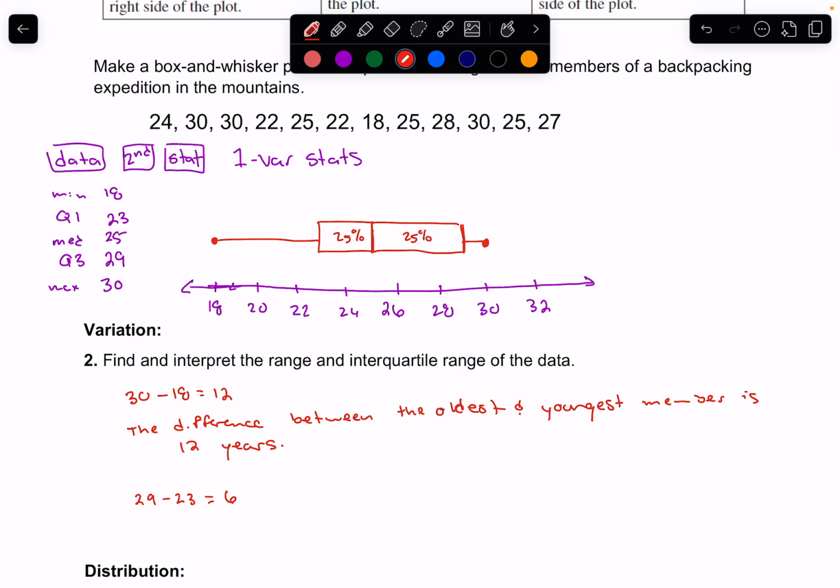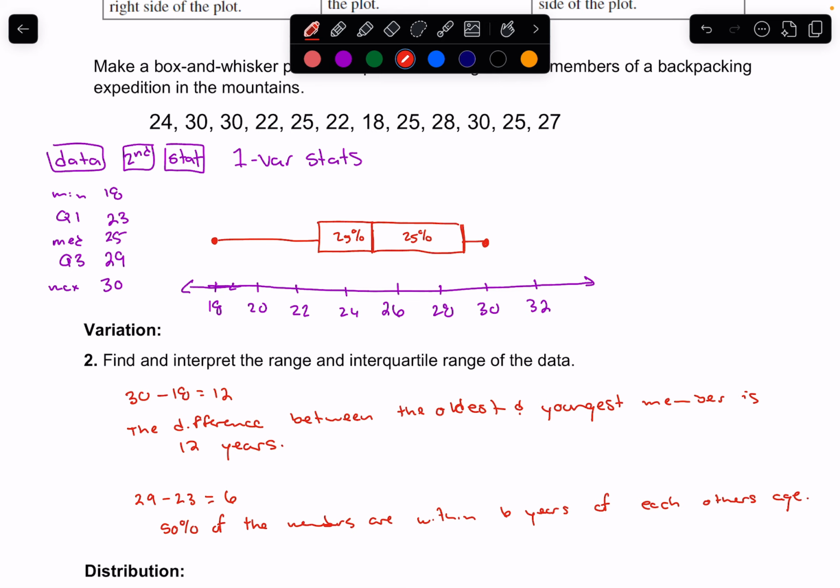So I could say something like 50% of the members are between 29 and 23. Oh, I guess we're supposed to be using the range, huh? I probably shouldn't use the quartiles. So 50% of the members are within 6 years of each other's age, right? Of each other's age. So you're just explaining what that number means in the context of the question.